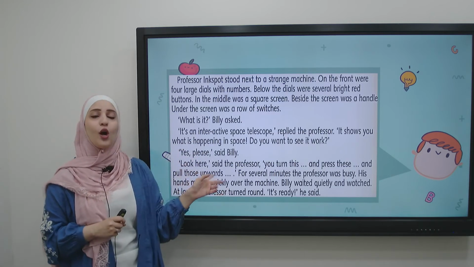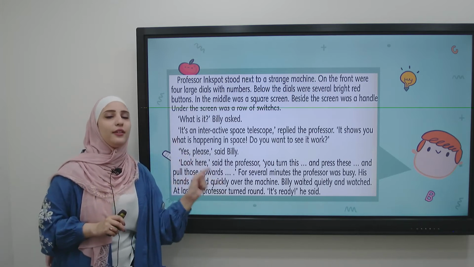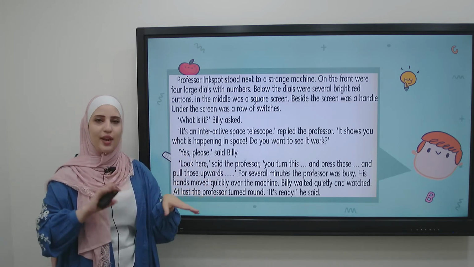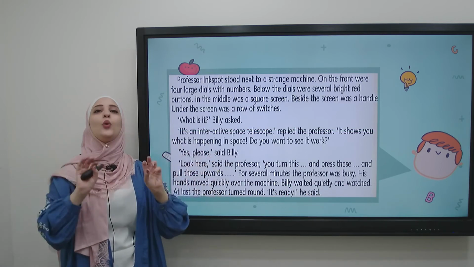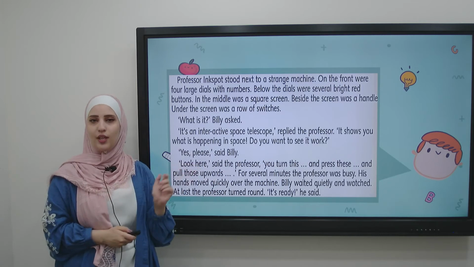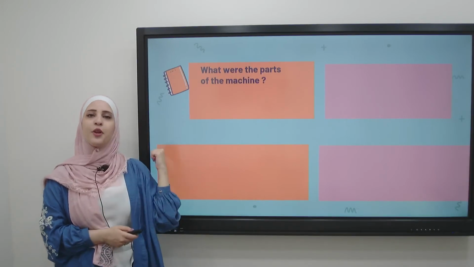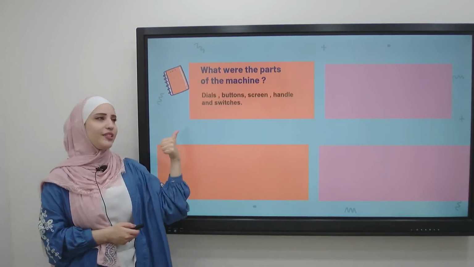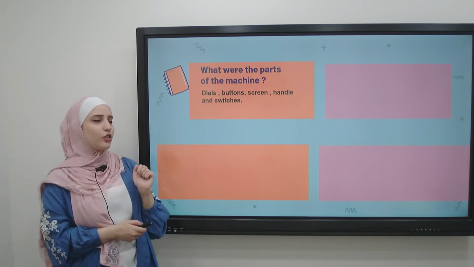So Professor Inkspot tried to operate the machine and he was busy trying this and this. His hands moved quickly over the machine. What were the parts of the machine? Can you remember? Yes, we have dials, buttons, screen, handle, and switches.